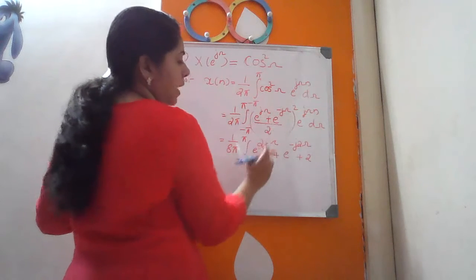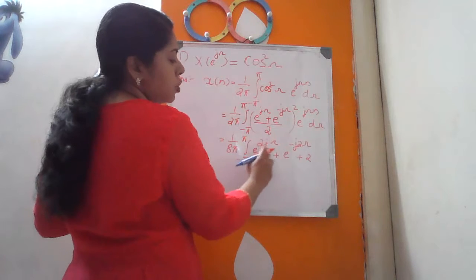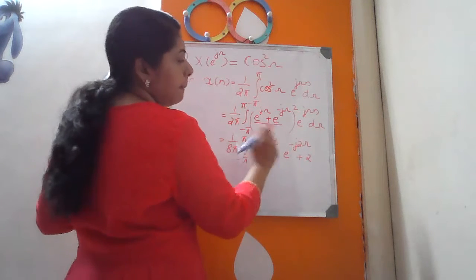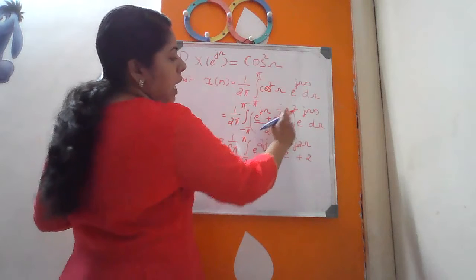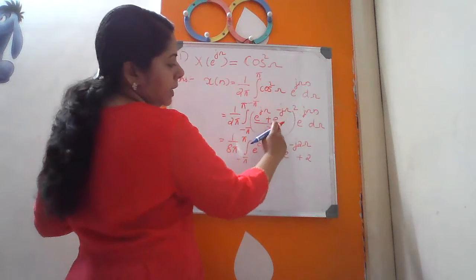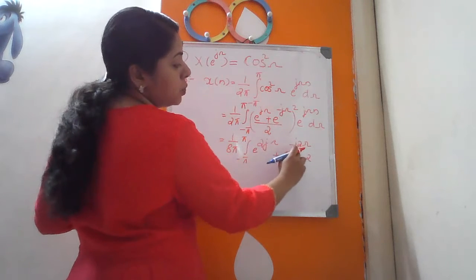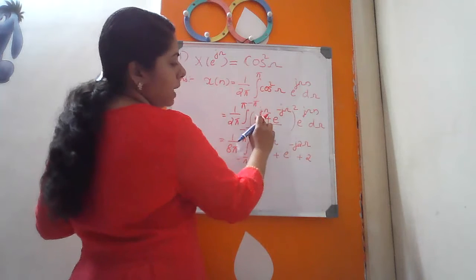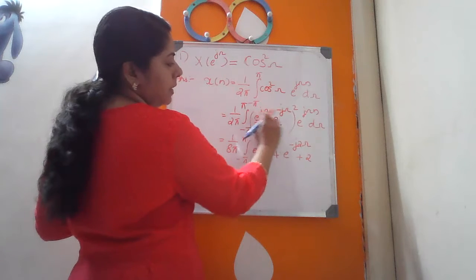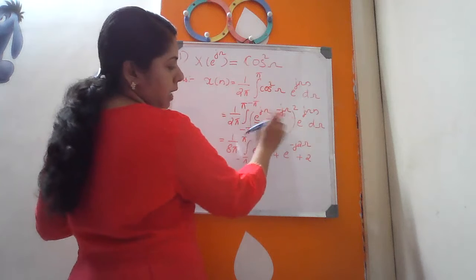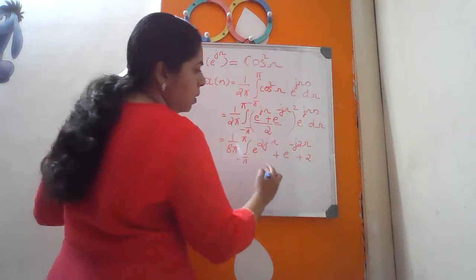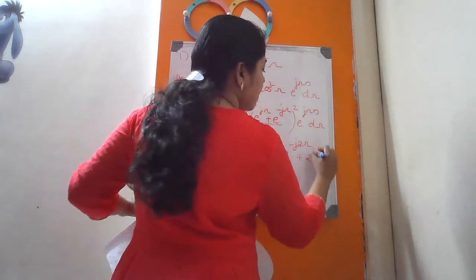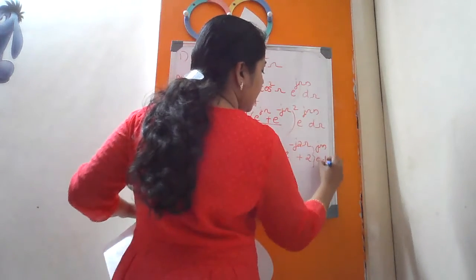A square means e power j omega squared, that is e power 2j omega. B square is e power minus 2j omega. 2ab is 2 multiplied by a into b, which becomes e power 0, that is plus 2, multiplied by e power j omega n d omega.